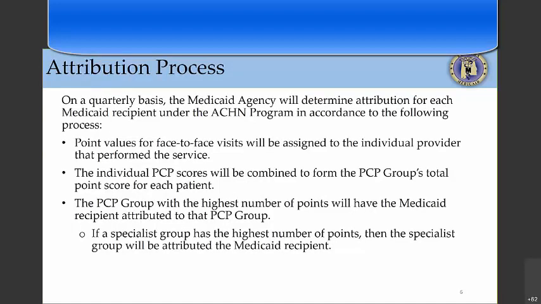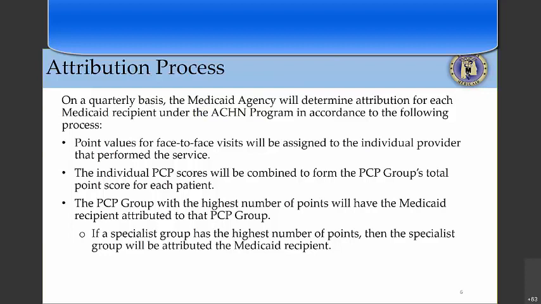The attribution process. On a quarterly basis, the Medicaid Agency will determine attribution for each Medicaid recipient under the ACHN program in accordance to the following process. Point values for face-to-face visits will be assigned to the individual provider that performed the service.